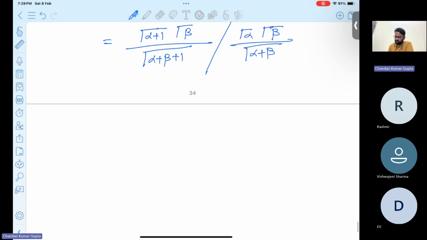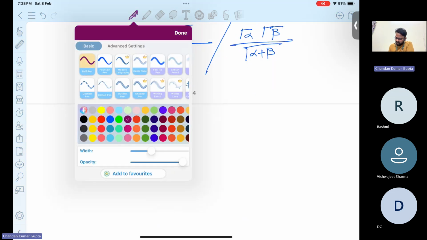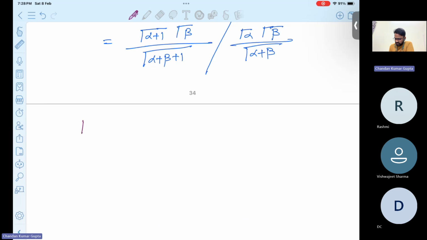Okay. Also, we have one more property. Gamma functions have one more property: gamma of alpha plus 1 is defined as alpha gamma alpha. Or some people say that it's alpha factorial.